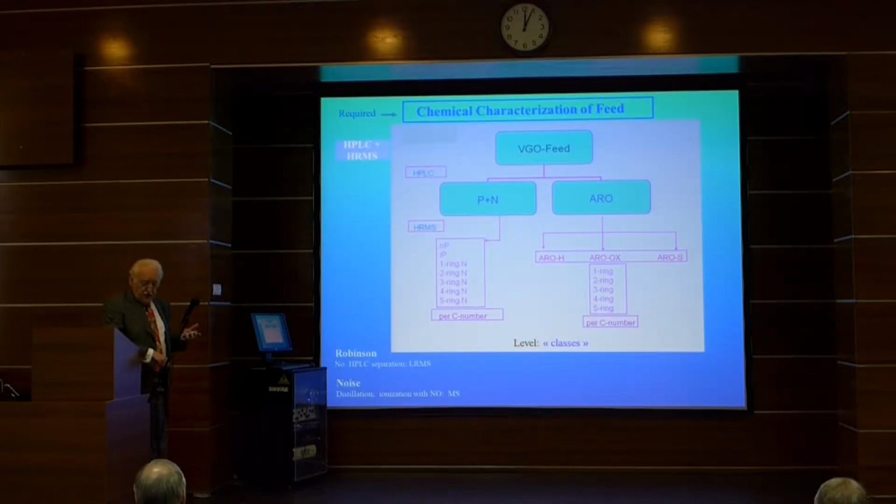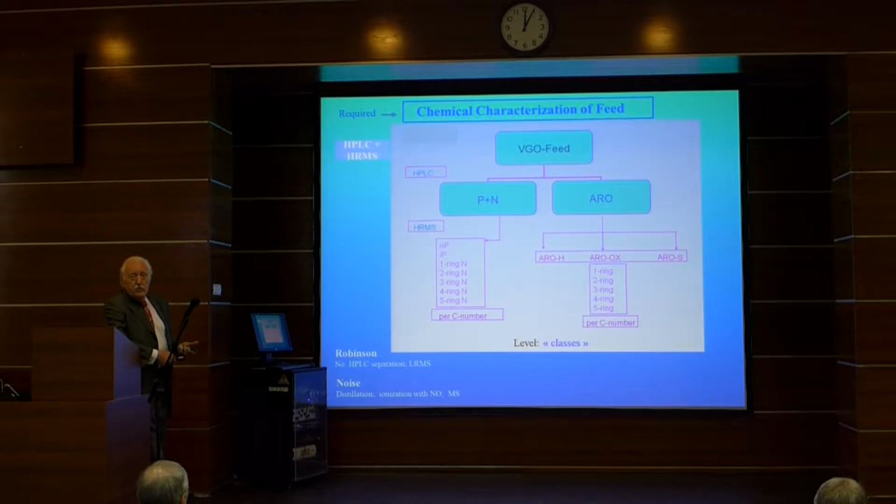In the very first place, we need a detailed chemical characterization of the feed. And all the tools, all the equipment is available for that if we want to do it, and we have to. So here's high pressure liquid chromatography and high resolution mass spectrometry.